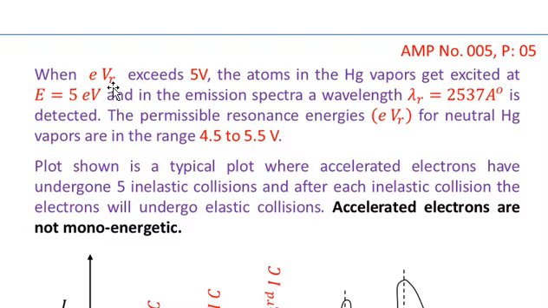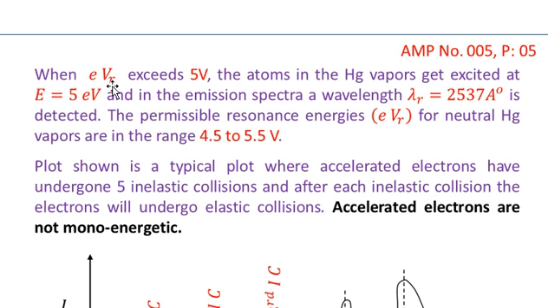EVR is the excitation energy required to excite the resonant level in the mercury when the energy of the electron is EG. So EG is the energy of the electron. Here is again a mistake: this VR should not be VR, it should be EG, with a capital G, that is the grid voltage.